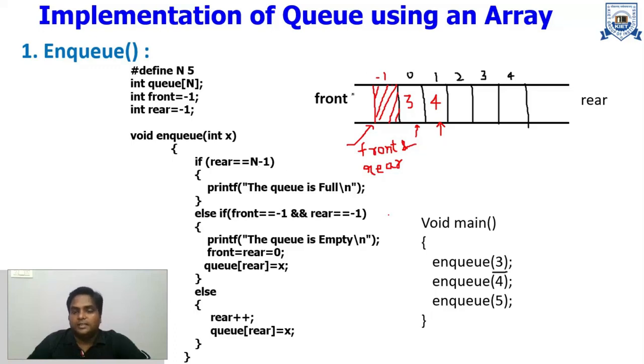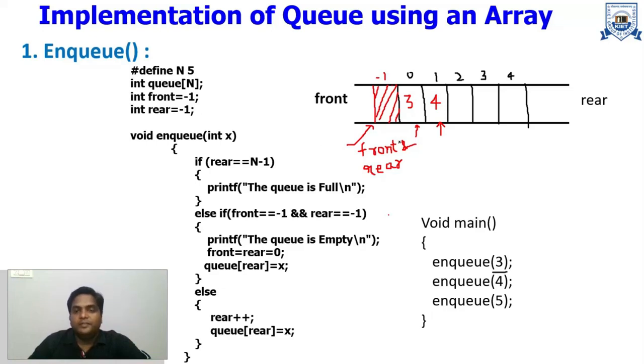Then we check if the queue is empty or not. The queue is empty when front and rear are pointing to -1. So when front and rear are equal to -1, then the queue is empty.